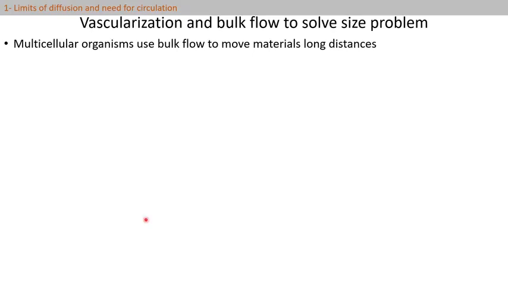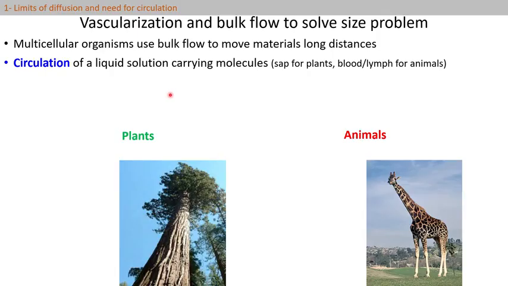So what does that mean? That means you will have vascularization, you will have vessels, so pipes essentially, and that will allow us to use bulk flow to solve this size problem. Okay? So we'll see different examples, but I want to mention right away the similarities and the differences between plants and animals.